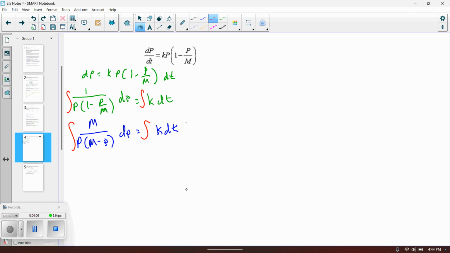Well, this means we're going to have to use integration by partial fraction decomposition. So up here, on the right, I'm going to take m over p(m minus p), and we're going to decompose that fraction. So we're going to have A over p plus B over m minus p.